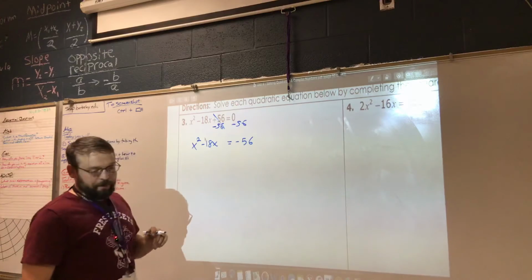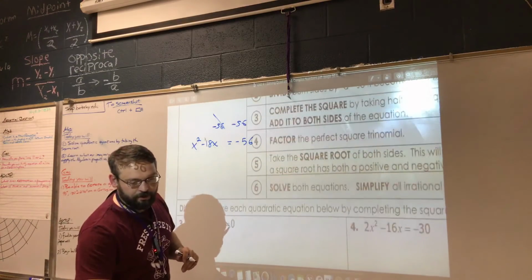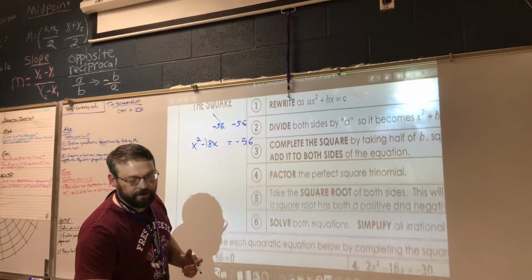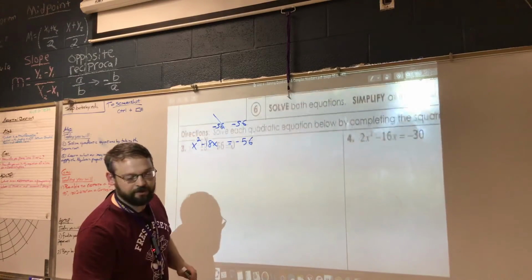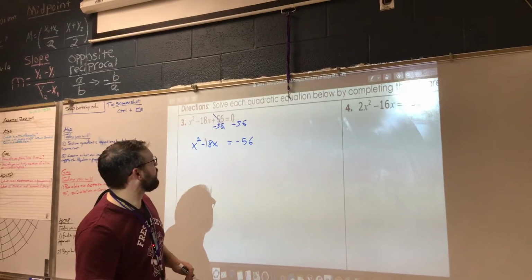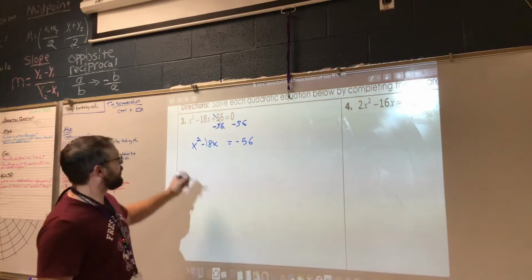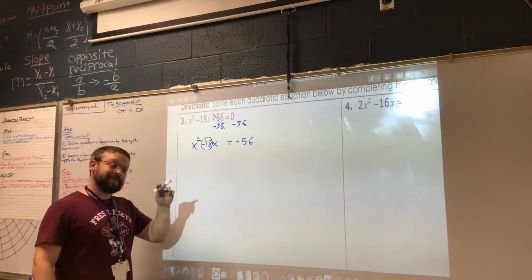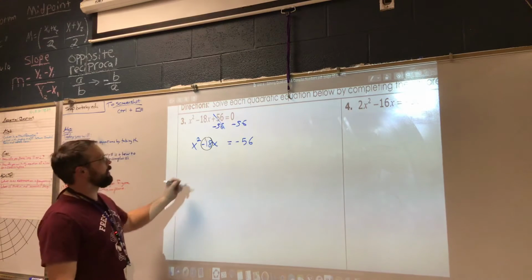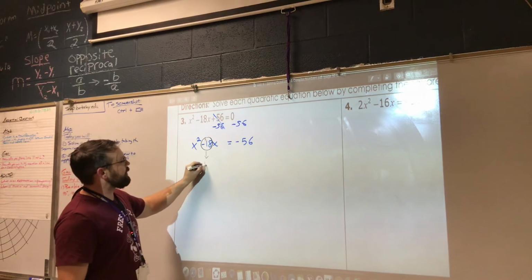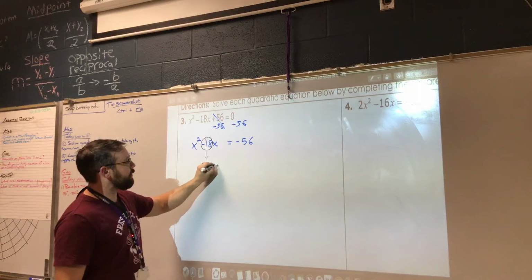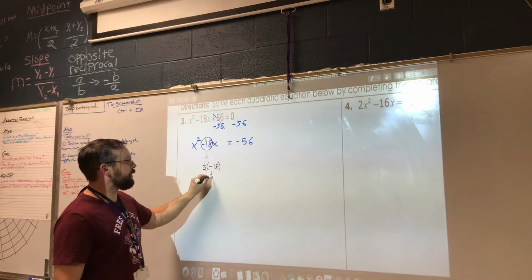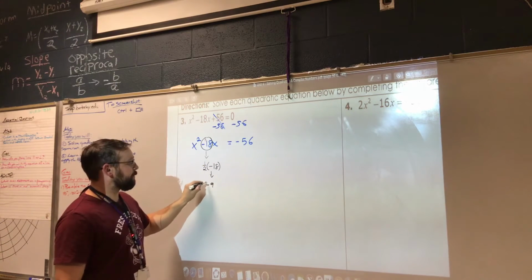So my third part, it says complete the square, so it's telling you all the steps to go through. Here's the process. I take this number. Now notice I'm circling the sign with it. I'm going to take half of that number, and that's going to give me a negative 9.